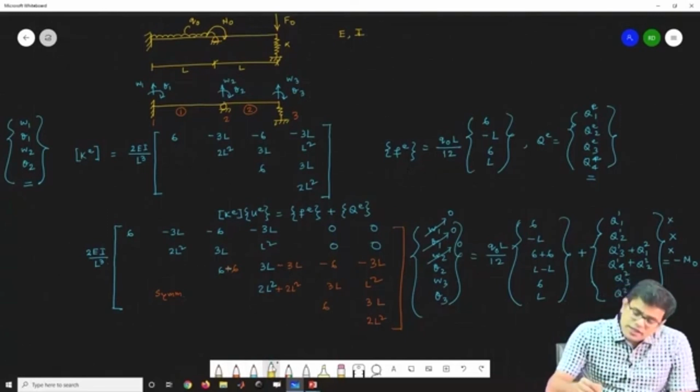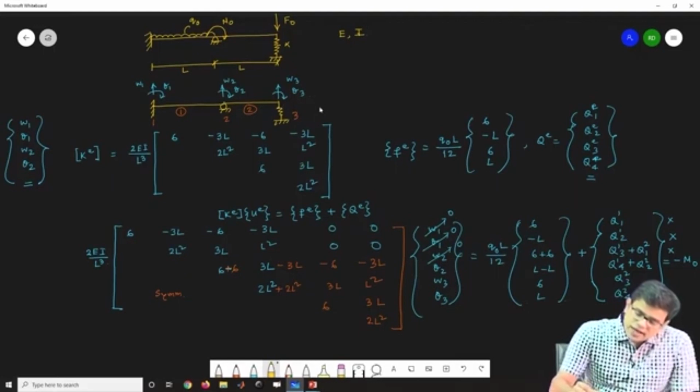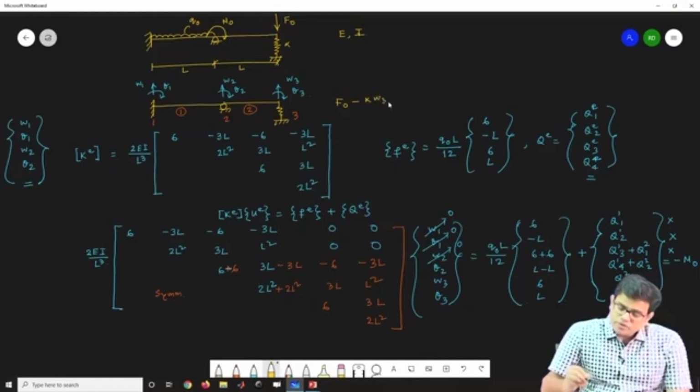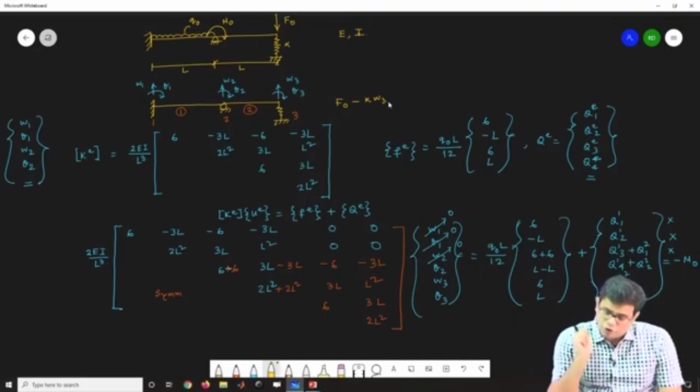So essentially here that reaction force will be your F0, the vertical force, and there will be K, the spring stiffness, and then that will be multiplied by W3. So that is your reaction force.